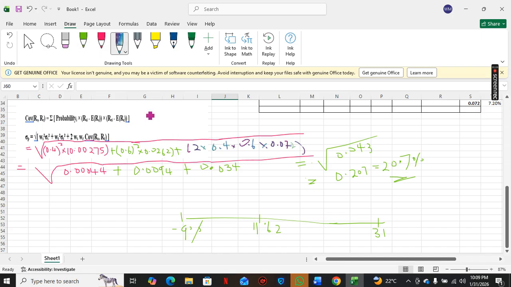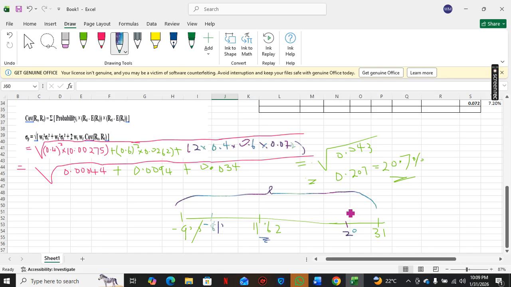So basically, this is the range where you might find your returns if you invest in both A and B. On average, expect to get 11.62%, but that's not guaranteed. You might get a return of 20%, you might get a return of negative 8%, a loss.